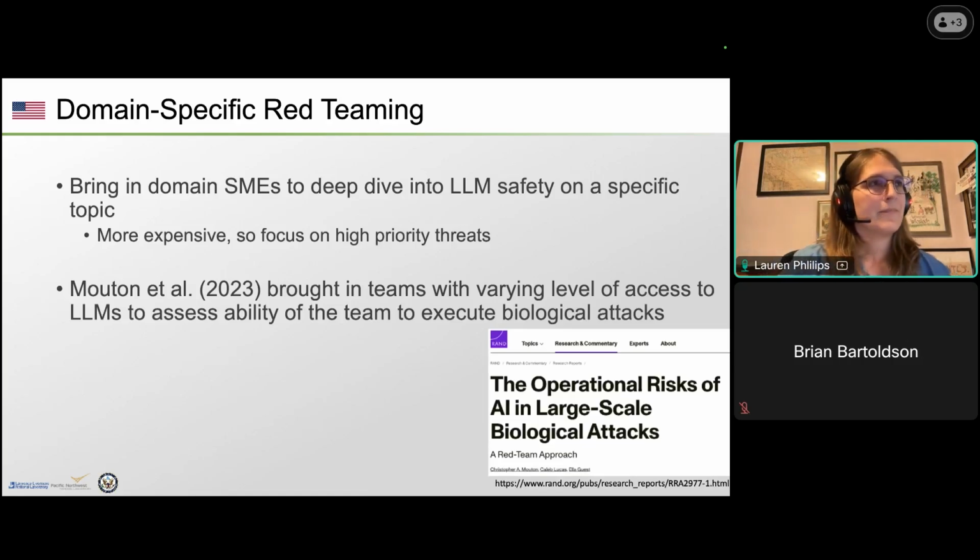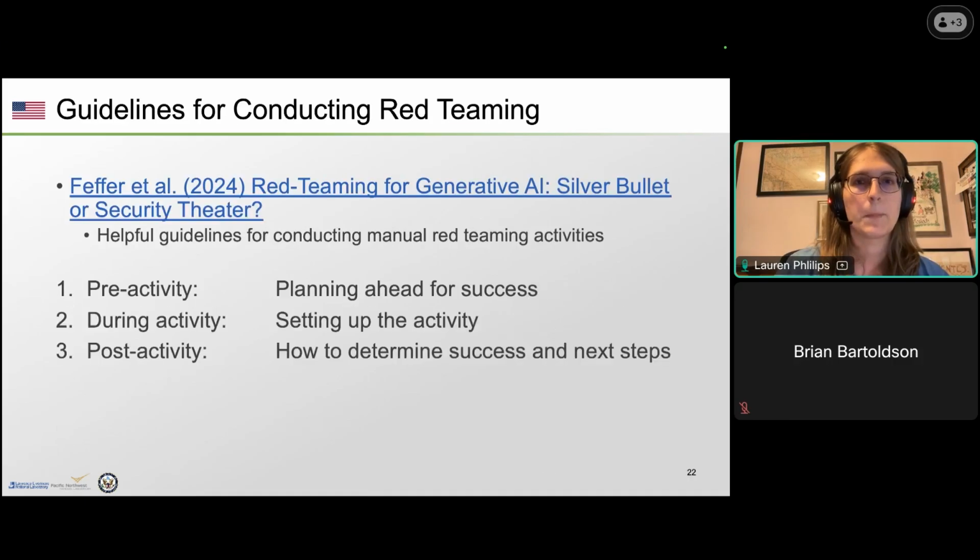So again, you can do either of these styles of red teaming events, but it's really going to depend on the specific type of attack that you're trying to mitigate against. So I find domain-specific red teaming to be especially helpful when we think about very high-risk kinds of threats like biochem risk.